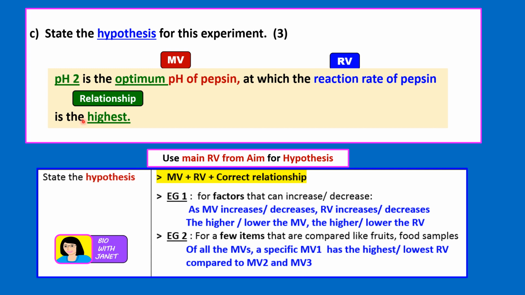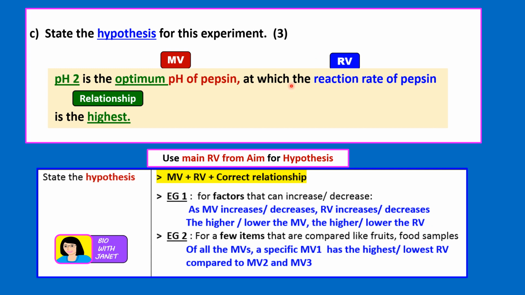In this case the hypothesis is: of all the pH, like pH 2, pH 7 and pH 8, pH 2 is the optimum pH of pepsin, and it is the one where the reaction rate, that means the RV, is the highest. So this format is similar to the second example here. We cannot use as MV increases or decreases, RV increases or decreases, not so suitable. So it's using the second type of format.